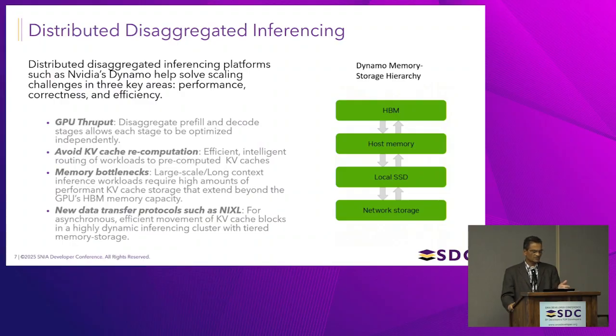What this slide is showing is how, because they're working on this NVIDIA Dynamo, their software can be used even in AI workloads, right? And the picture on the right is showing you the hierarchy in an AI system. Today it is the HBM, host memory, and then below that is local SSD and then network storage.